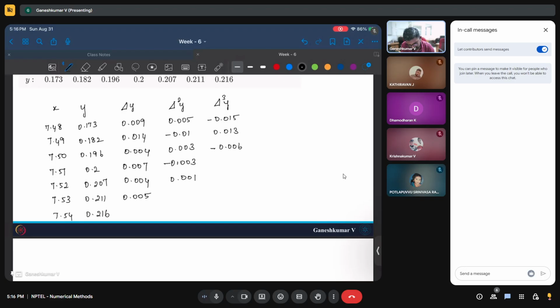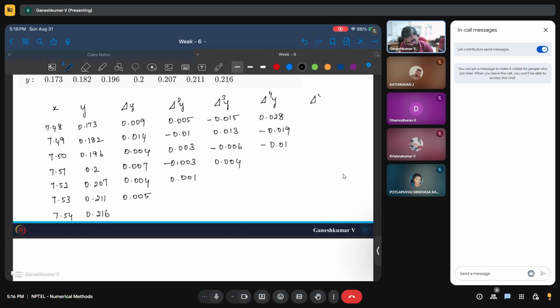This minus this, it's going to be positive 0.004. And then del power 4y. This is 0.028. This is minus 0.019. This one is 0.01.